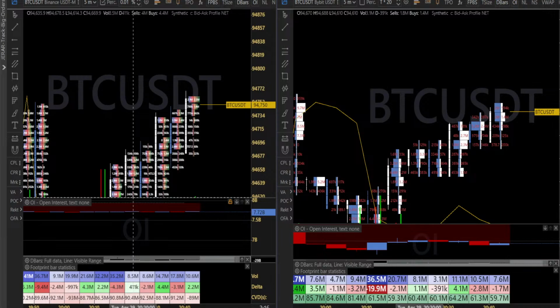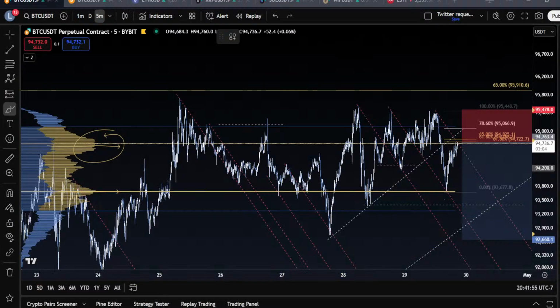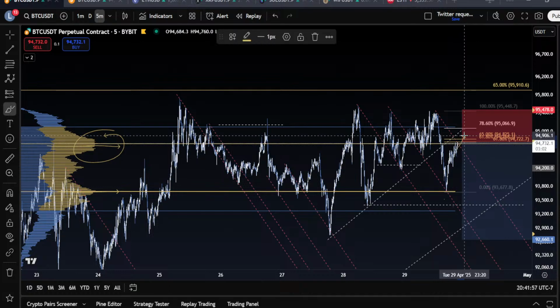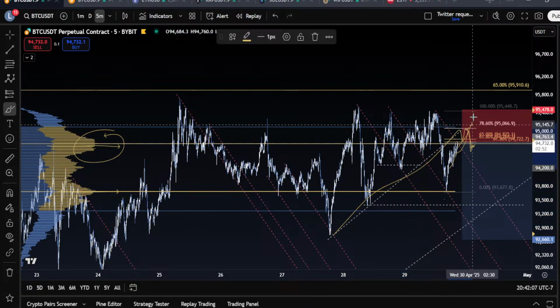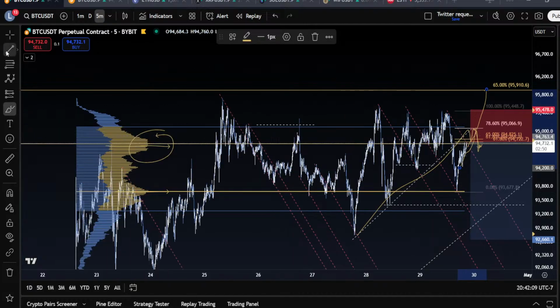But start getting a little skeptical of the short working out somewhere in here. $786 value area high region, just kind of a backtest into this. But if this all keeps grinding, wow.